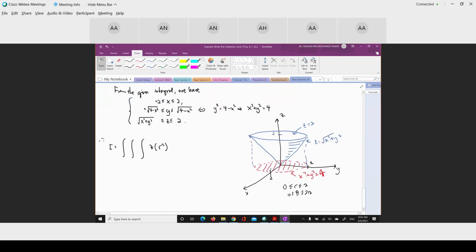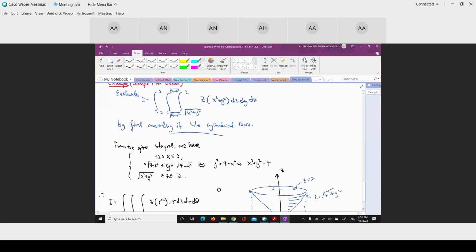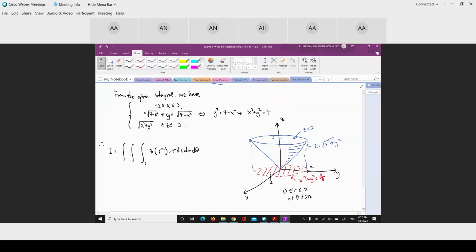And dz dy dx become r dz dr d theta. The innermost limit is with respect to z. So z is between square root of r squared, which is r, up to 2. And r is between 0 up to 2. And theta is between 0 up to 2 pi.